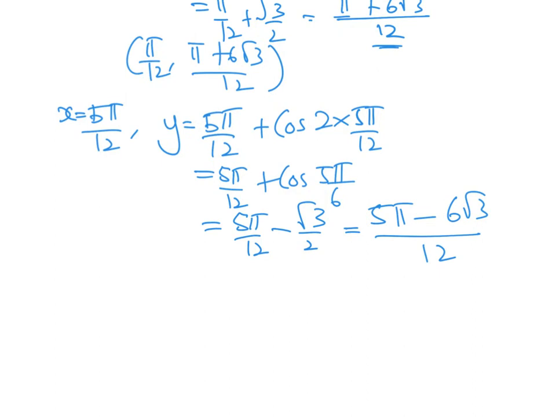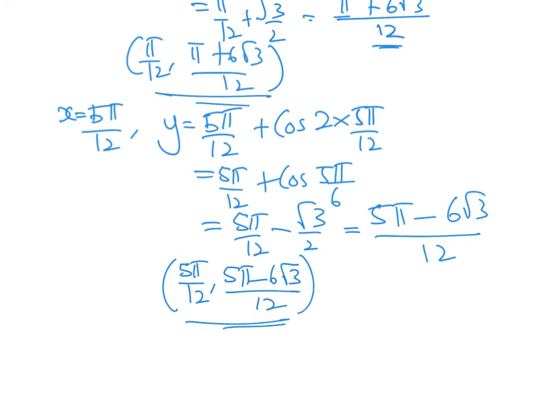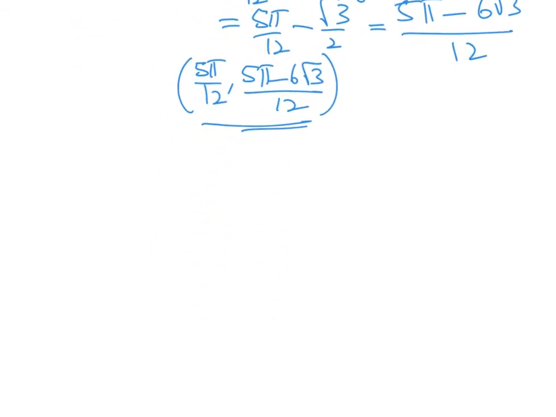So the second stationary point is 5 pi over 12, 5 pi minus 6 root 3 over 12. Okay, so I have two stationary points. Now I have to determine whether each is a maximum or minimum point. To find that, we double differentiate.